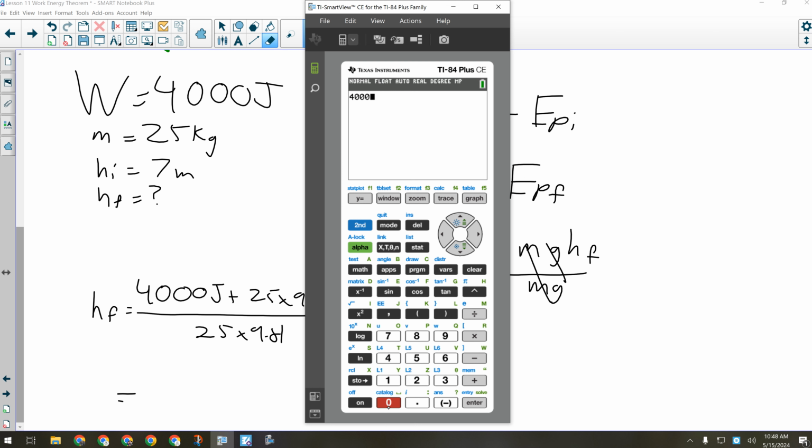So 4,000 plus 25 times 9.81 times 7. So that's my final potential energy. If I divide that by 25 times 9.81, 23.3 meters. That is a tall ladder.